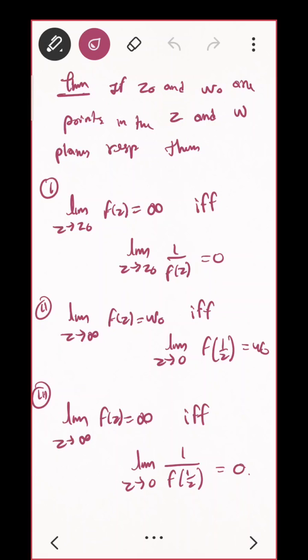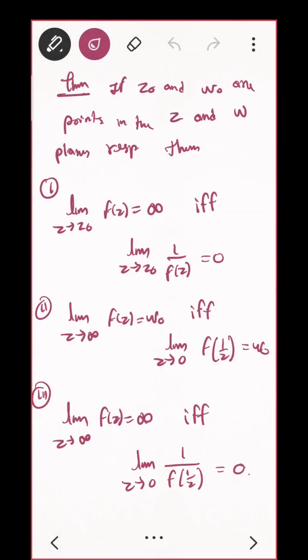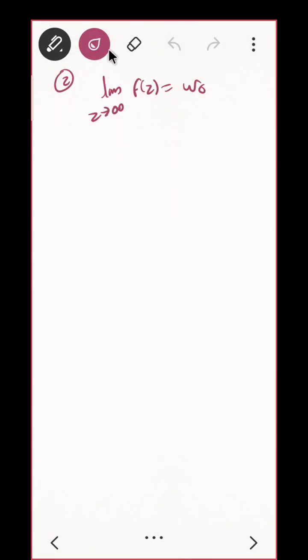Can you do that? Write the definition. First, how will you write the definition? Limit z tending to infinity f of z is equal to w naught, right? So how will you define this?